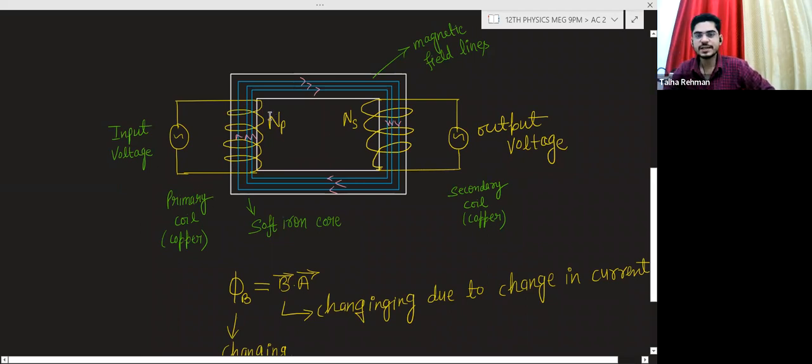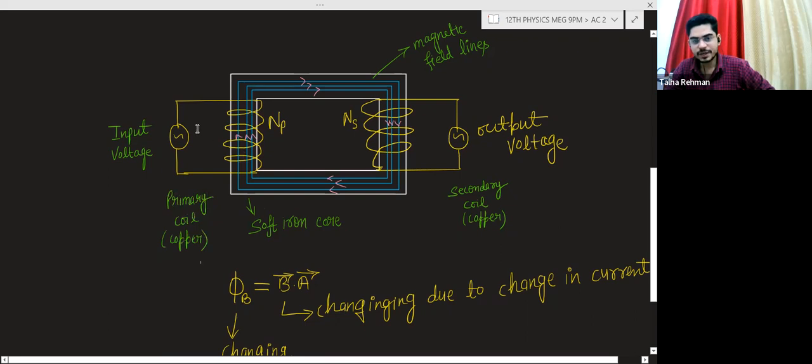NP is the number of turns of wire in the primary coil, and NS is the number of turns of wire in the secondary coil. This is the secondary coil, and this is the primary coil.